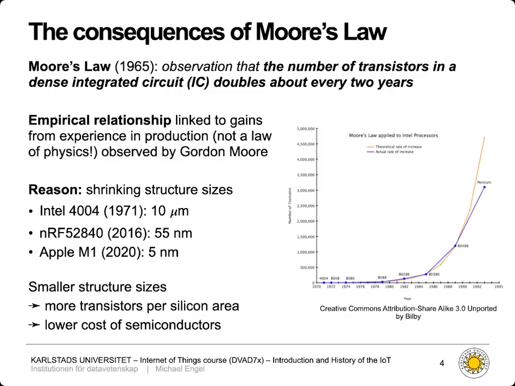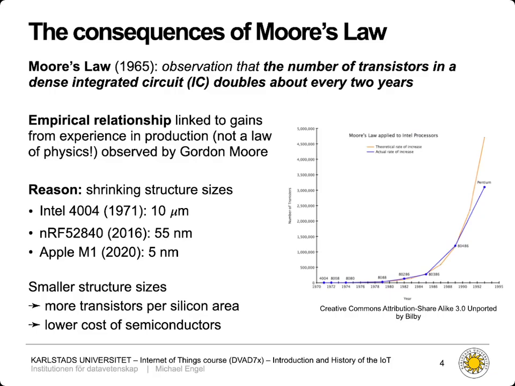So we have this exponential growth in the number of transistors available on a chip for almost the last 50 years. And the reason for this was that we were able to shrink the structure sizes, so the smallest elements we can put on a silicon chip, significantly. So the Intel 4004 in 1971 had 10 micrometer or 10,000 nanometer structure sizes.